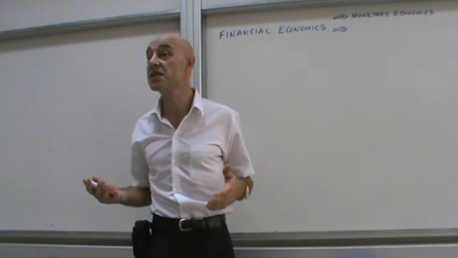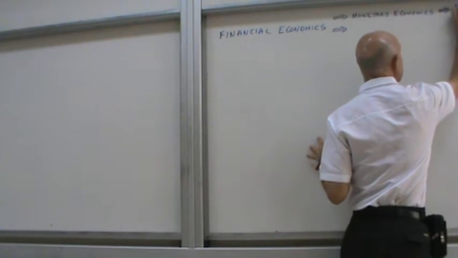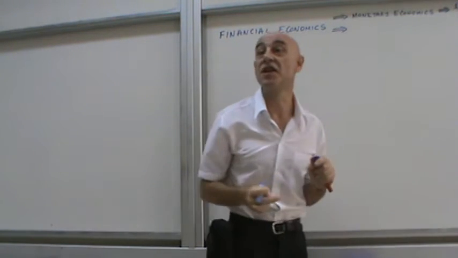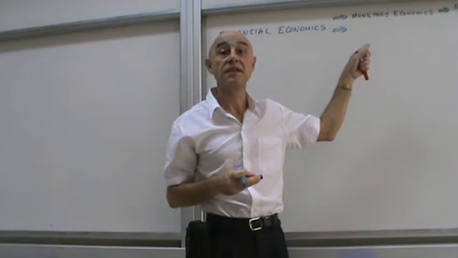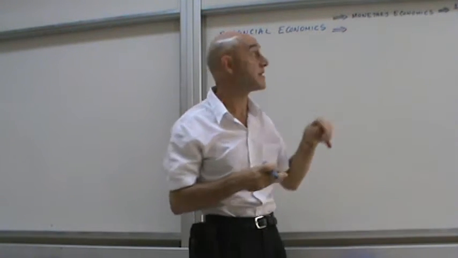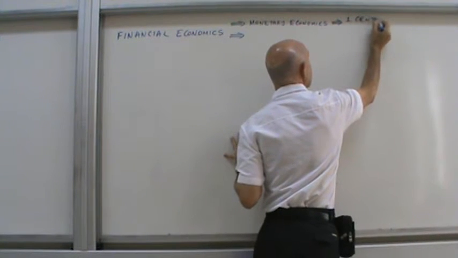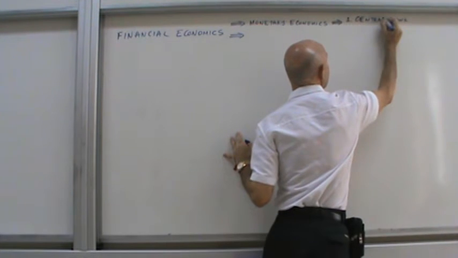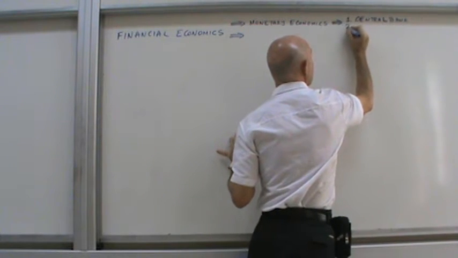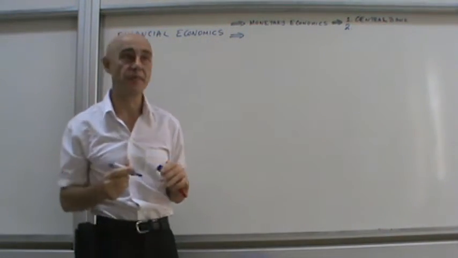And the monetary system consists of the central bank and commercial banks.